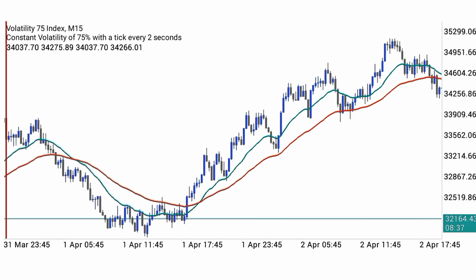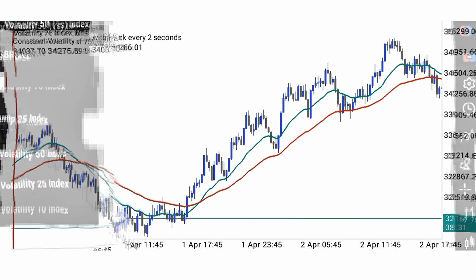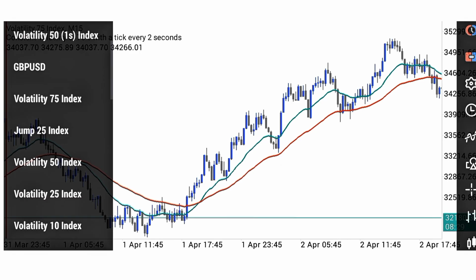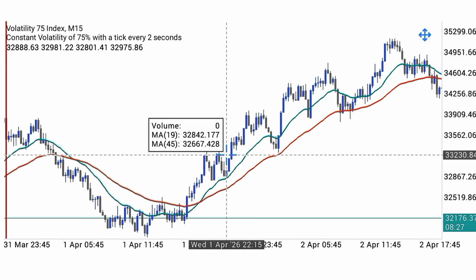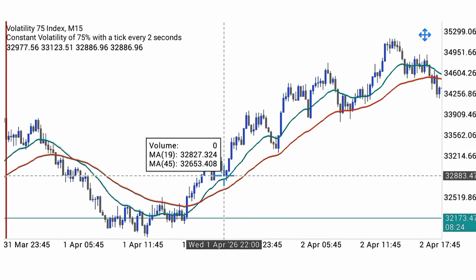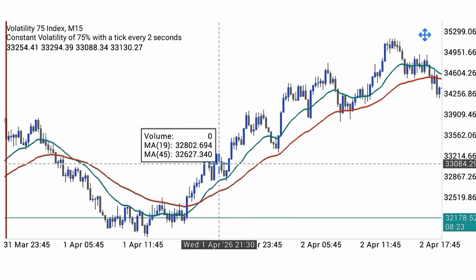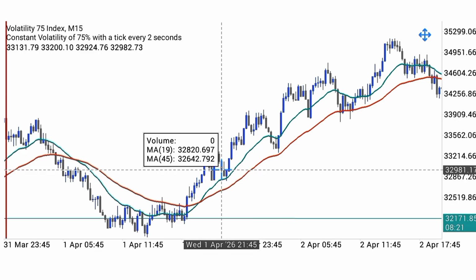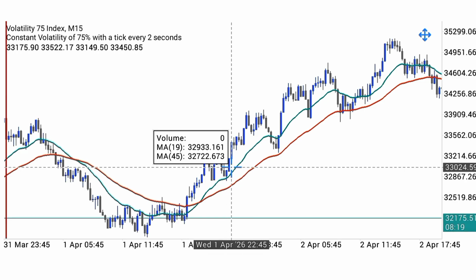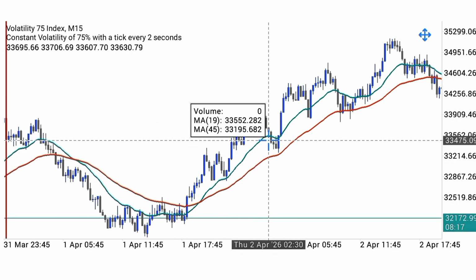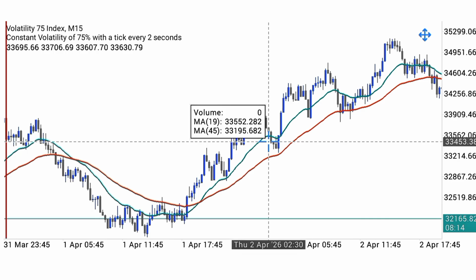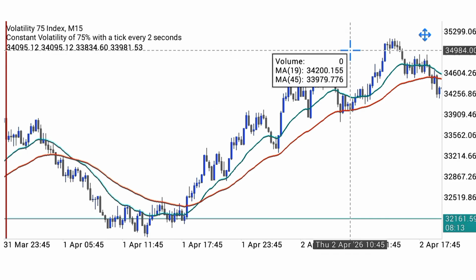So when the market touches the green moving average, which is the 19 exponential moving average, that is the only time that you want to take a trade. And you're not going to take your trade blindly from that point just because the market touched the green moving average. Because even at this point, the market also touched the green moving average, but it didn't go far.